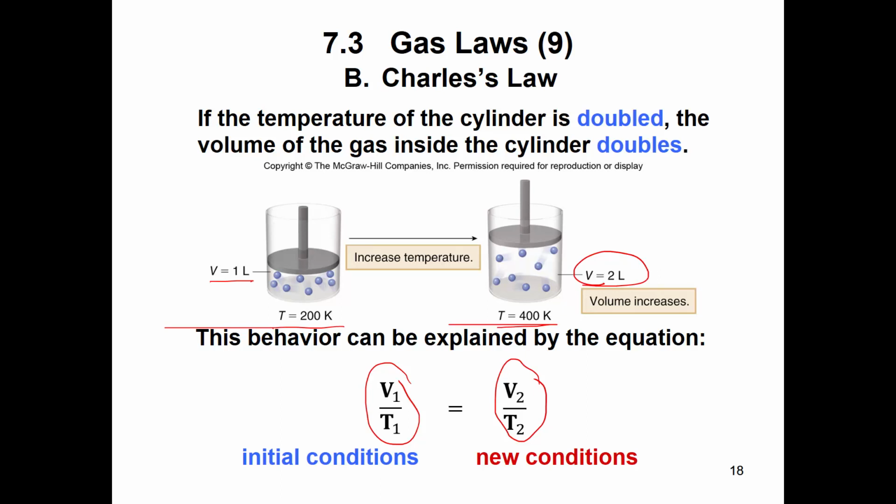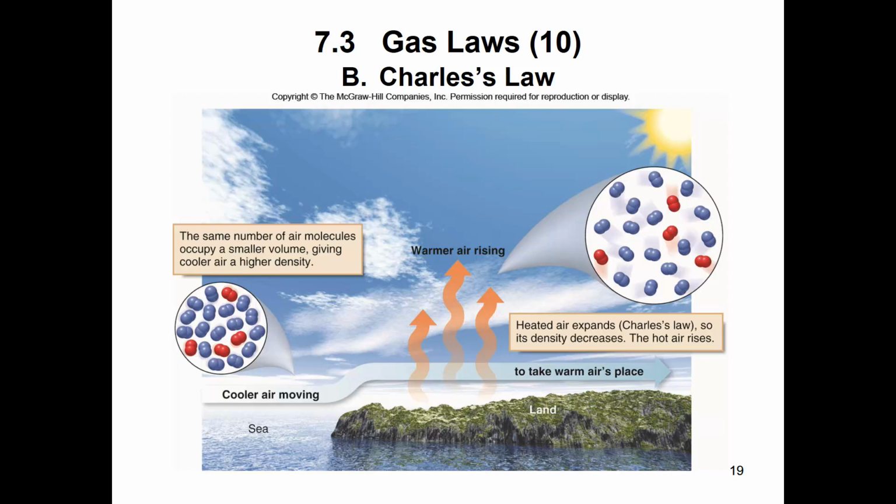If you change one, the other has to adjust so that you end up with the same number, this constant number. And so a great example of Charles' law is basically how you get some atmospheric changes.